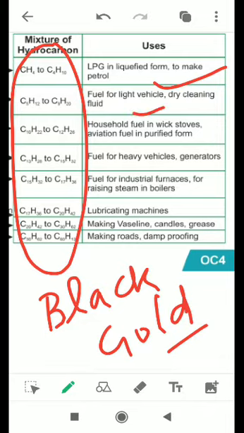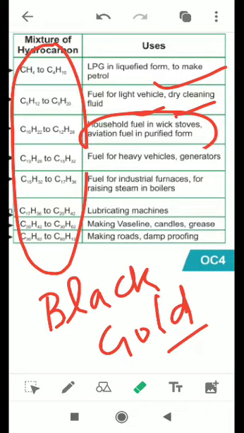The fuel used for light vehicles, like petrol, we get it. Household fuel like kerosene, right? Fuel for heavy vehicles like generators, what we use in generators and heavy vehicles, it is diesel. Okay, the next fraction is used in vehicles and generators, right?